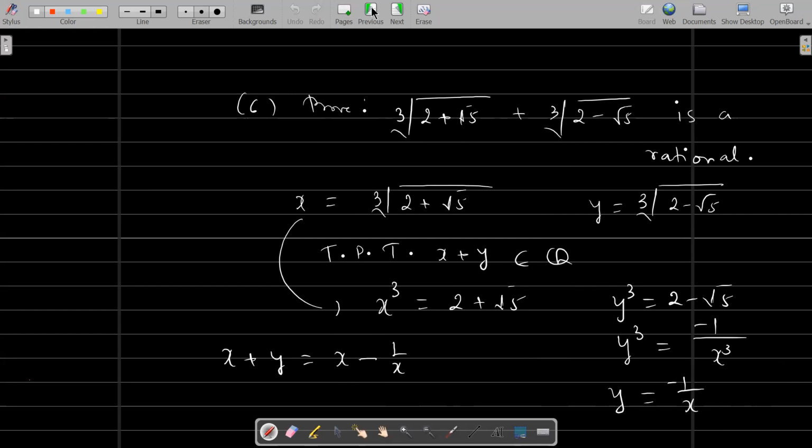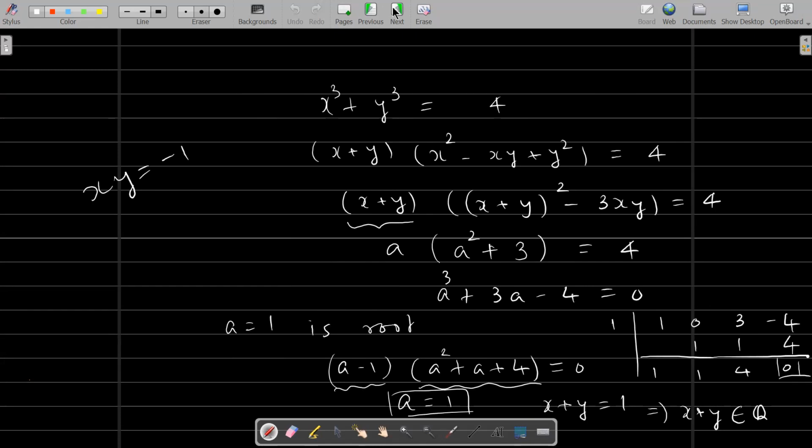And Anish is finding directly the value of x plus y, which turns out to be 1. It is surely rational. Okay. Anybody has any other way? Can we go ahead then?